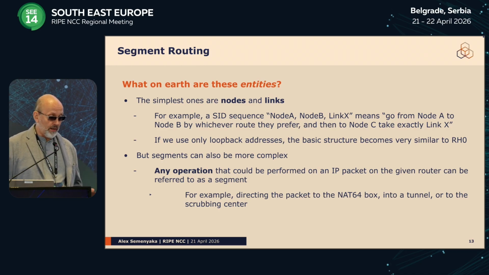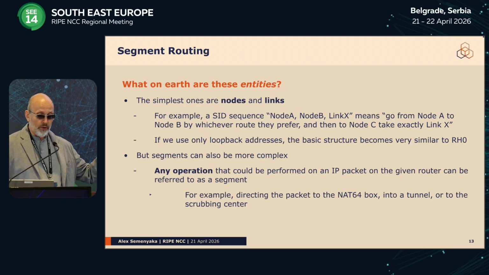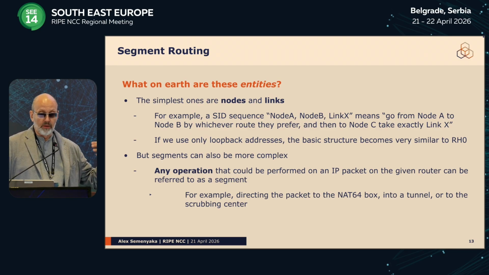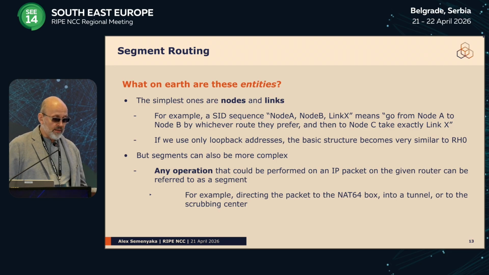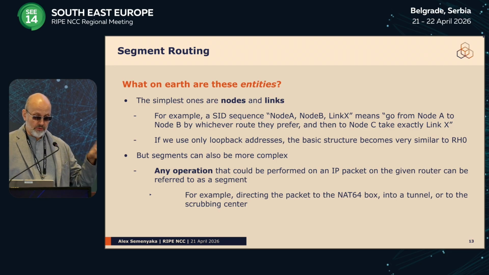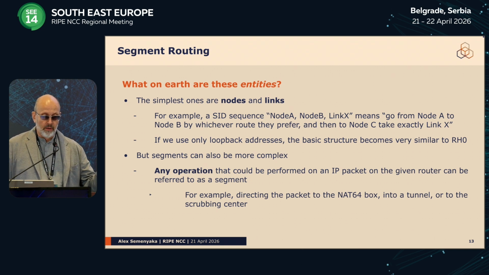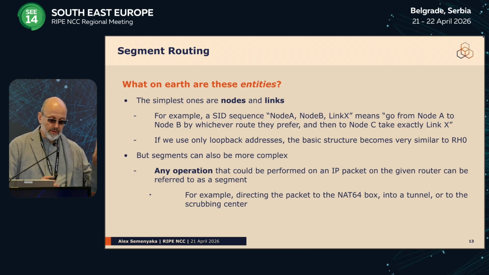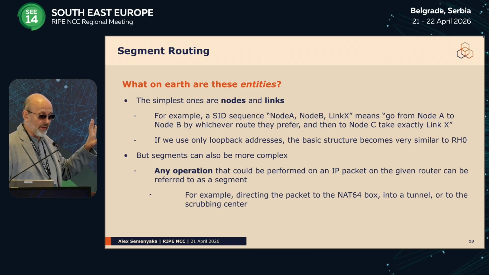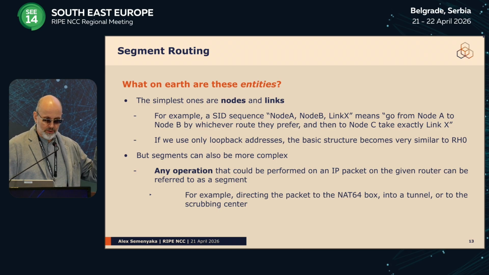For example, if our segments are nodes, basically we have a structure really similar to what we had in traditional source routing, like RH0. Almost the same from the structural point of view.